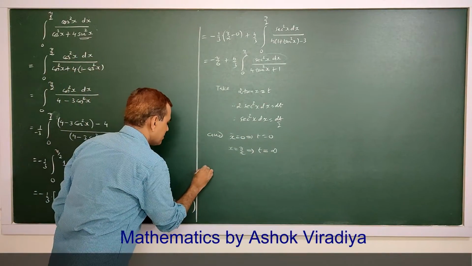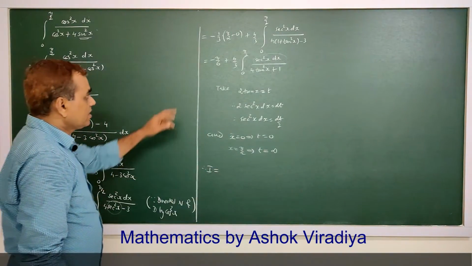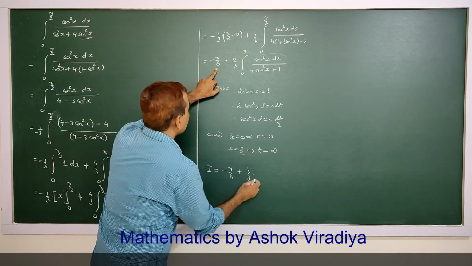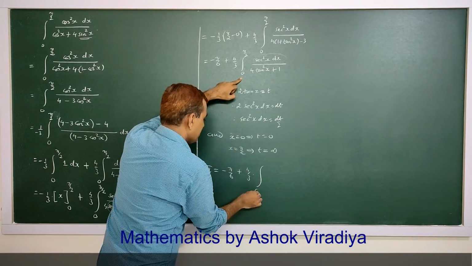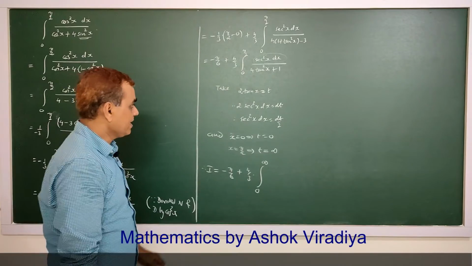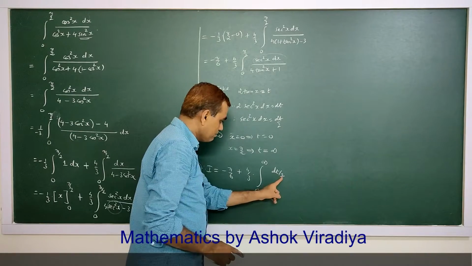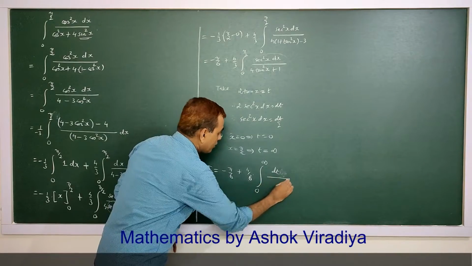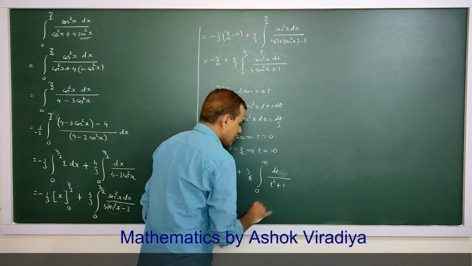So therefore the integral is minus pi by 6 plus 4 by 3, 0 will be replaced by 0, pi by 2 will be replaced by infinity. Sec square x dx is dt by 2. This by 2 we include here, so this will be 6 upon, since 2 tan x is t, t square plus 1.